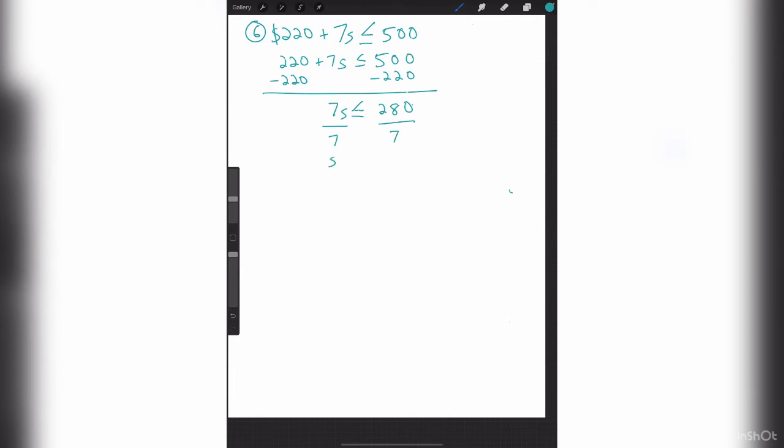And I get S is less than or equal to 280 divided by 7, which gives you 40. Okay? So I know that if S is less than or equal to 40, I can bring at most 40 students.